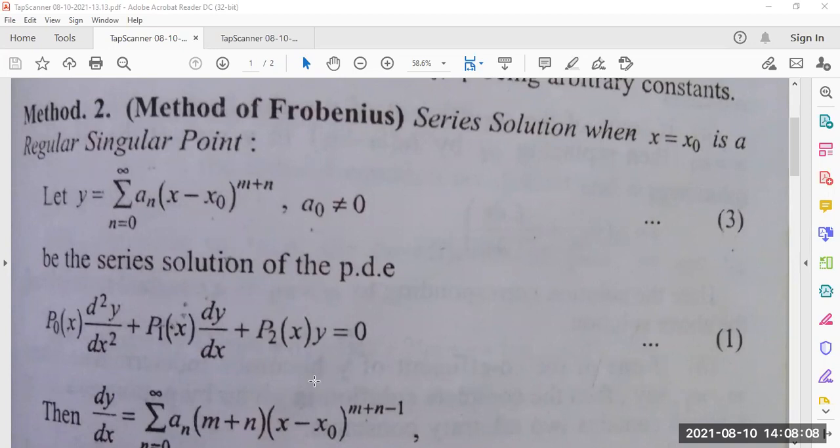Actually, in most cases you get the situation where x equal to x0 is a regular singular point. When it is a regular singular point, then you have to use this Frobenius method, and in that case this theory is required. If you are not strong enough in your theory part, then you cannot proceed with any problem.